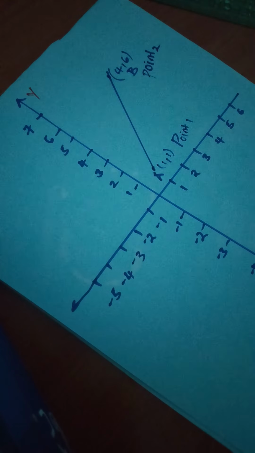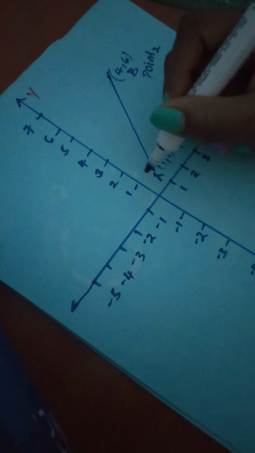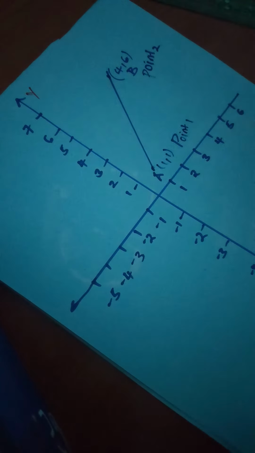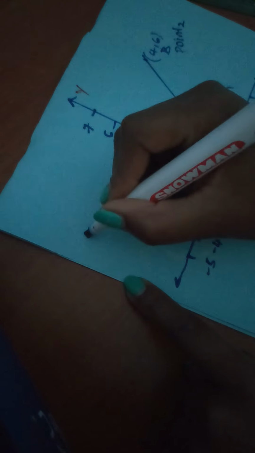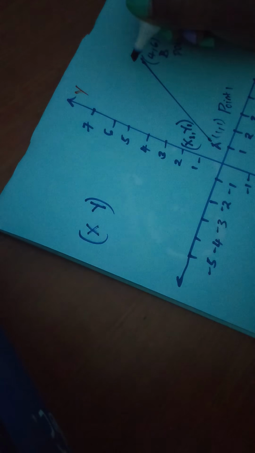Taking you back to Form 1 work, the points on a Cartesian plane are given in what we call coordinates x, y. So the coordinates in point 1, I'll call the first x, x1, and the first y, y1. And the second point will be x2, and the other one will be y2.